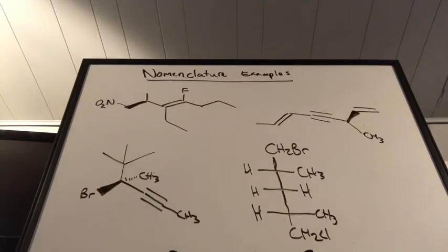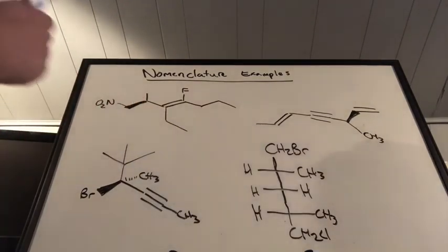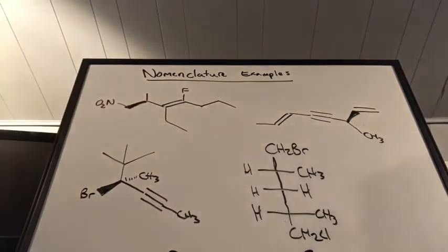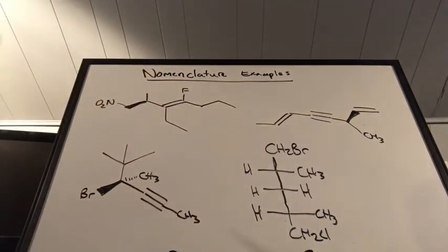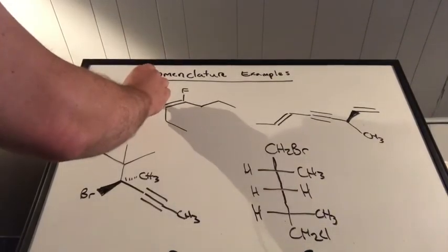All right, so here's a few nomenclature examples to get you guys some practice here. So we have a few different stereo centers here for the first one. Excuse me. Okay, the first being this particular carbon here, stereogenic.